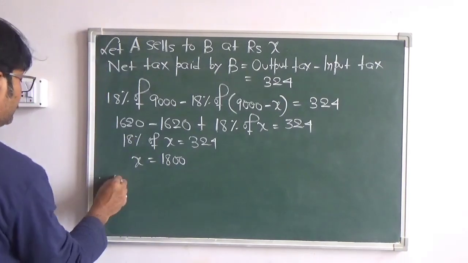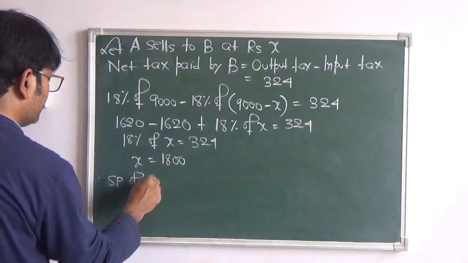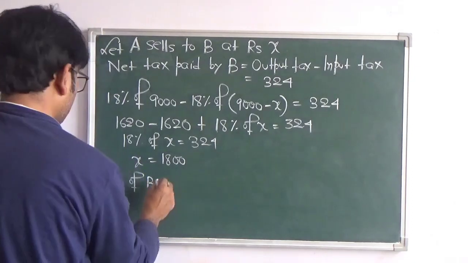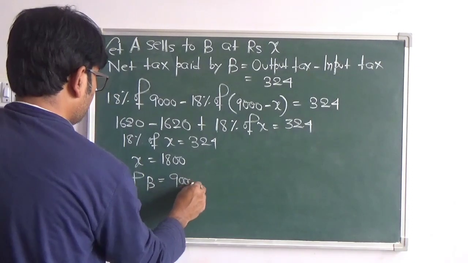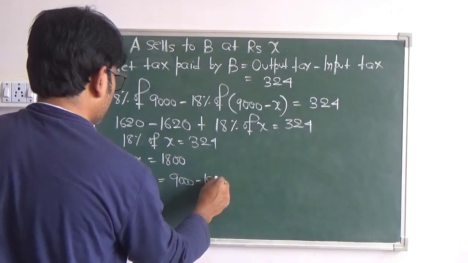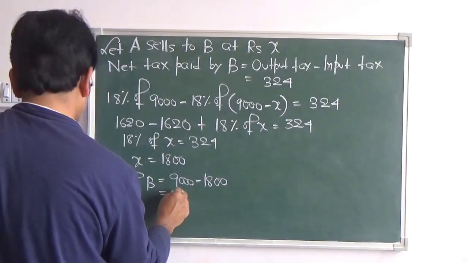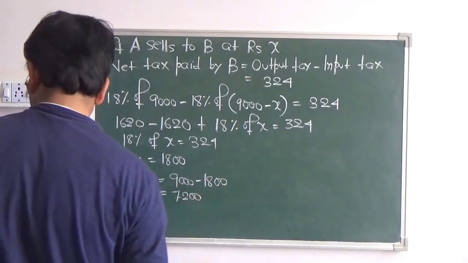So therefore the SP of B is equal to 9,000 minus 1800, and that is coming to 7,200.